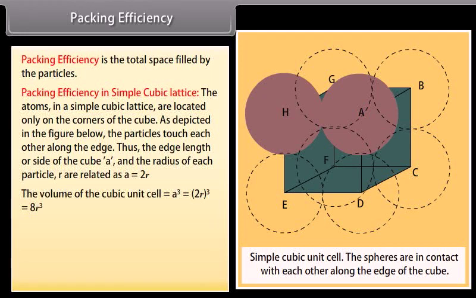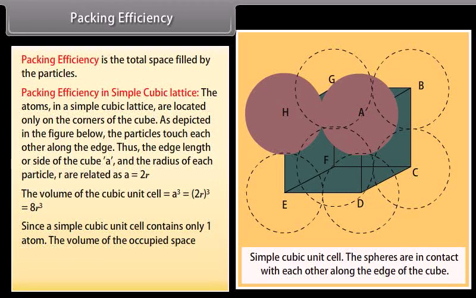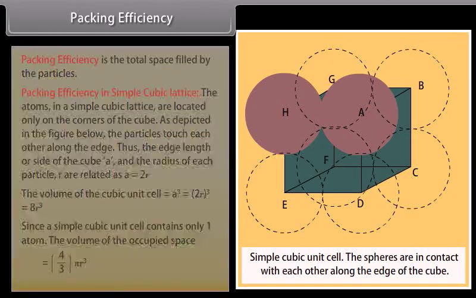The volume of the cubic unit cell is equal to a cube, which is equal to (2r) cube, which equals 8r cube. Since a simple cubic unit cell contains only one atom, the volume of the occupied space is equal to 4/3 πr cube.